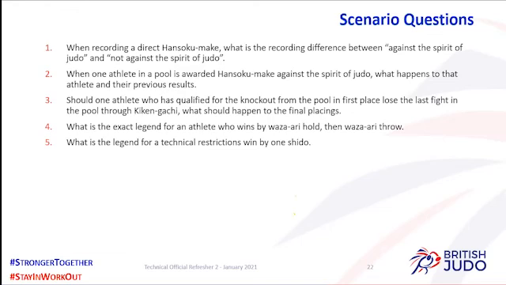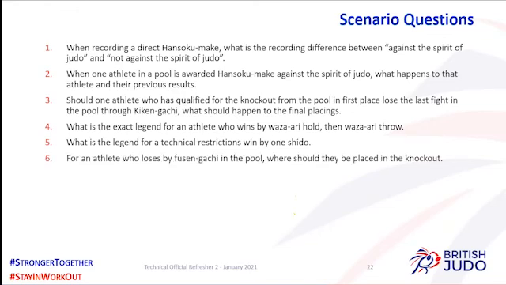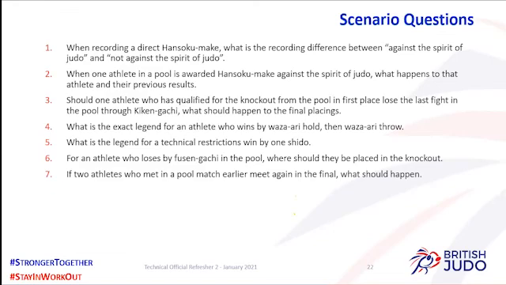Number 5. What is the legend for a technical restrictions win by one Shido? Number 6. For an athlete who loses by Fusengachi in the pool, where should they be placed in the knockout? Number 7. If two athletes who met in a pool match earlier meet again in the final, what should happen?